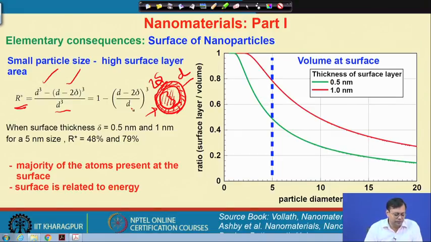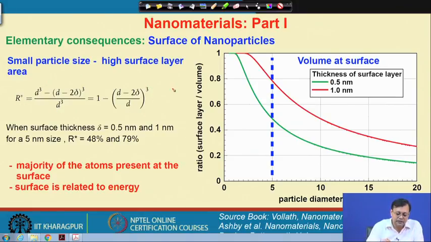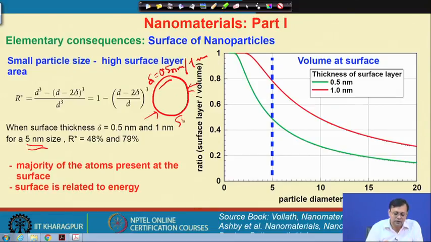If we simply give an estimate for some length scale, let us assume I have a spherical particle and I am considering a thickness delta of 0.5 nanometer, and also 1 nanometer. Two cases I am considering, where the particle size d is 5 nanometer.